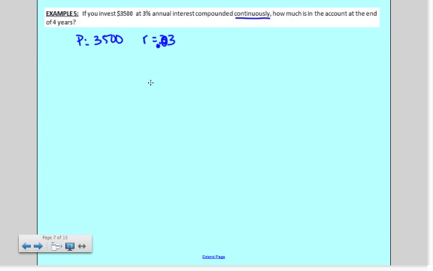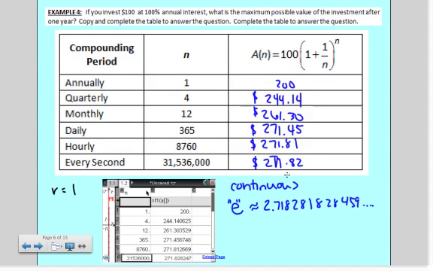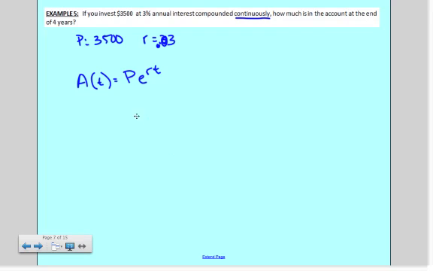For compound continuous interest, the formula is A equals P E to the RT, because remember, this stuff is all getting close to this. Notice there's no N's in here. That's because the E is really accounting for that. And we're looking at the end of 4 years, so our T equals 4 years.